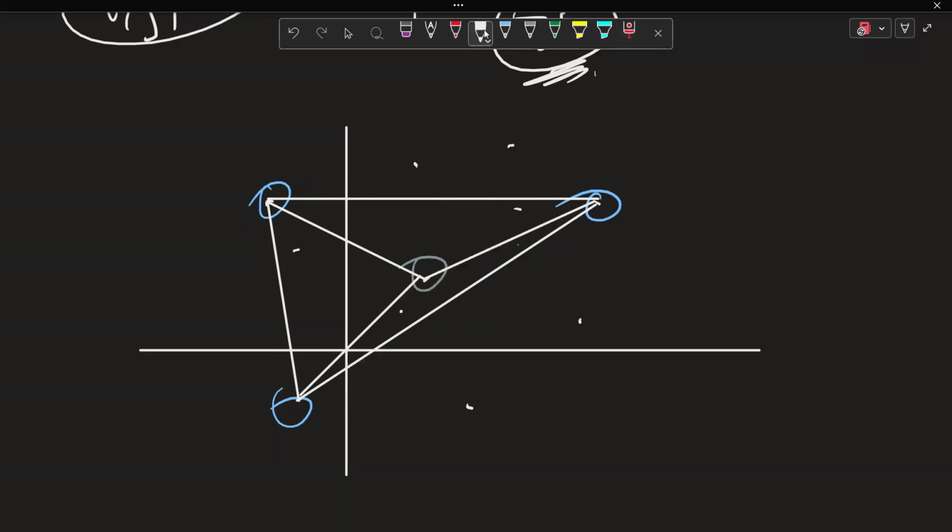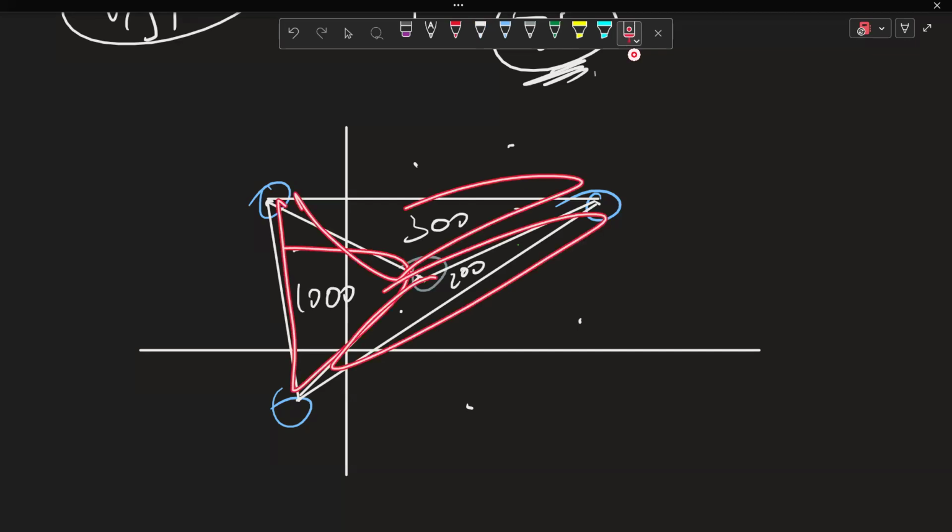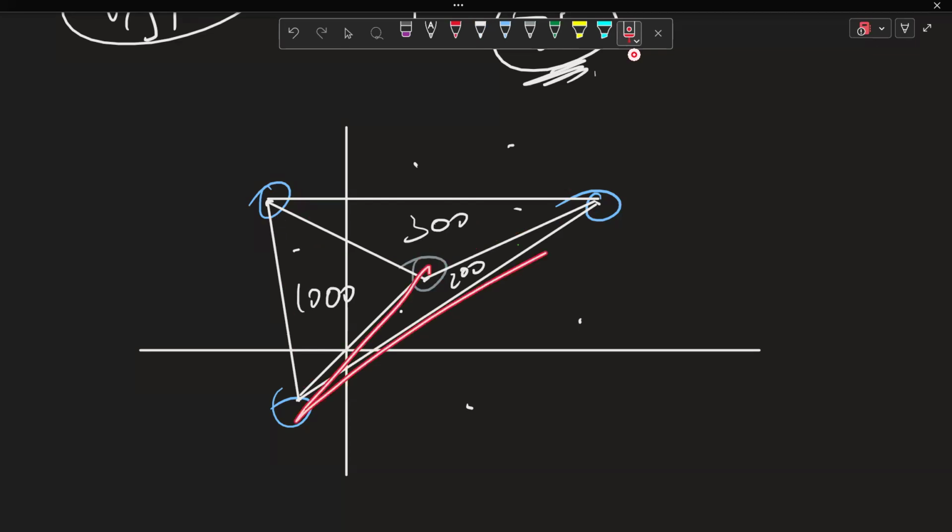The worst case may happen that it divides them unequally. Let's say out of these 1500 points, 1000 points fall in this region, 300 points here and 200 points here. You would want to select the region with the least number of points, but you don't get the information about how many points are there in this region.